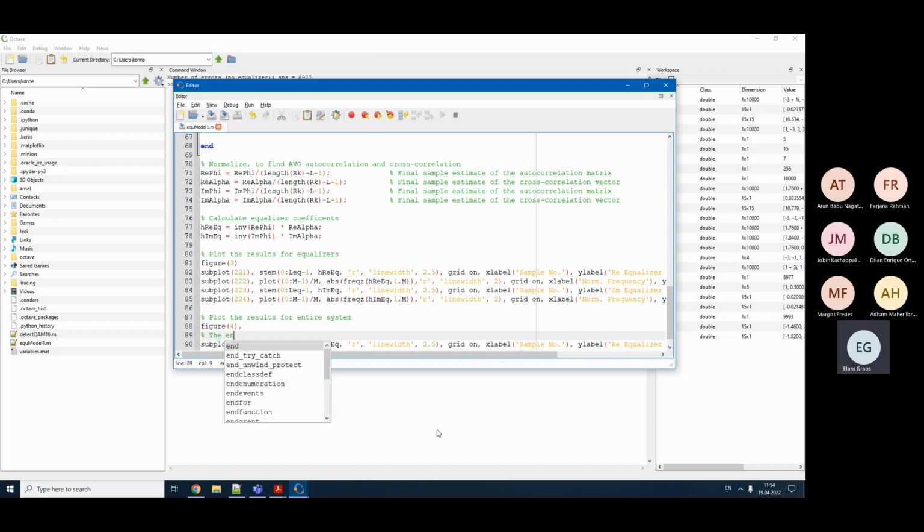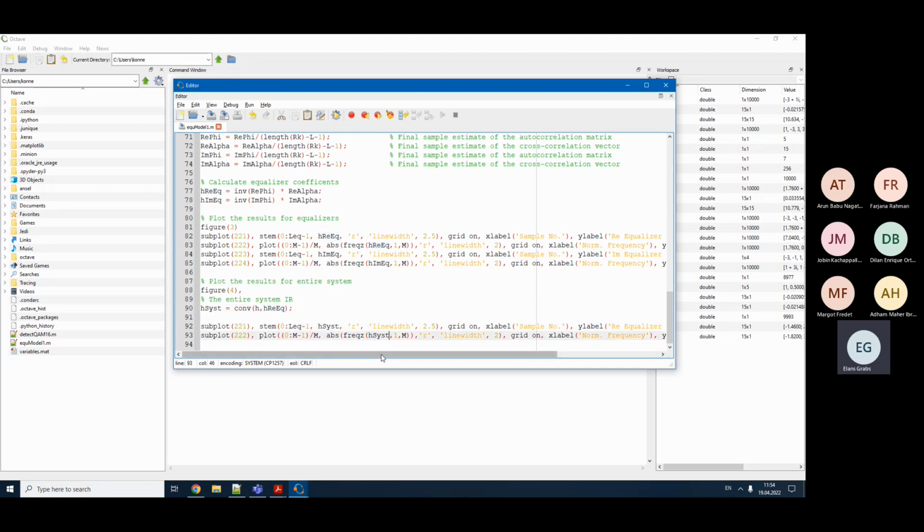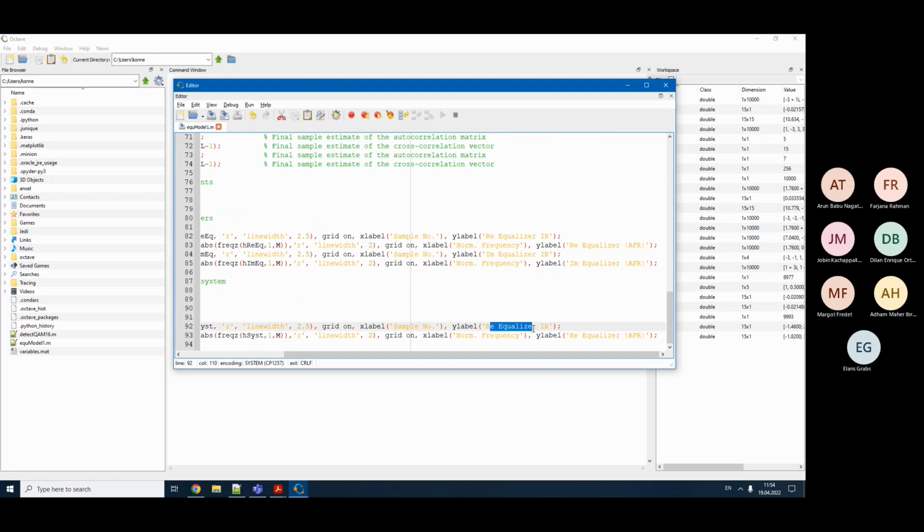So the entire system impulse response is going to be H system, the convolution between channel impulse response and equalizer impulse response, for example, the real part. And then we can actually plot it. So I'm going to replace it here and here: system impulse response and system amplitude frequency response.